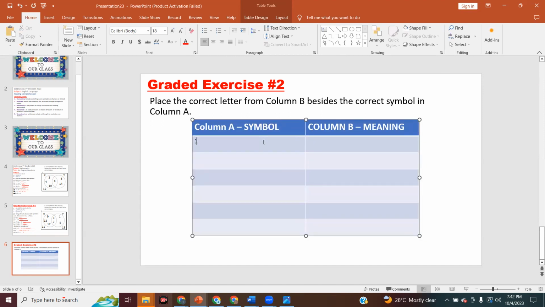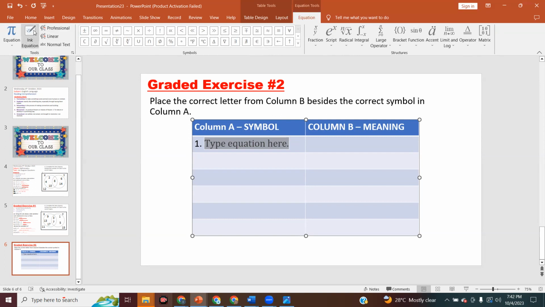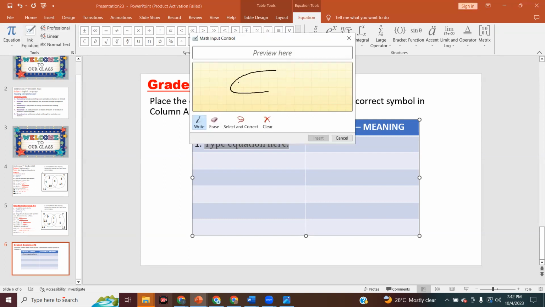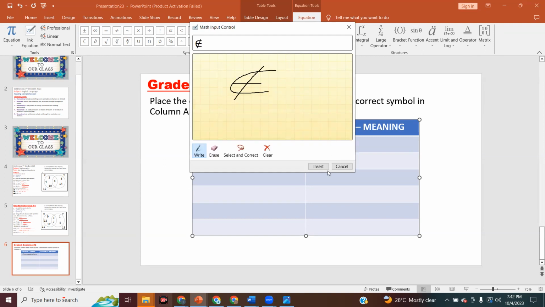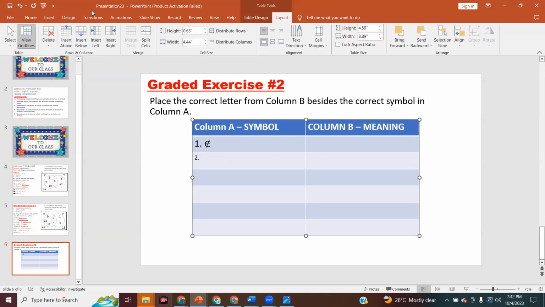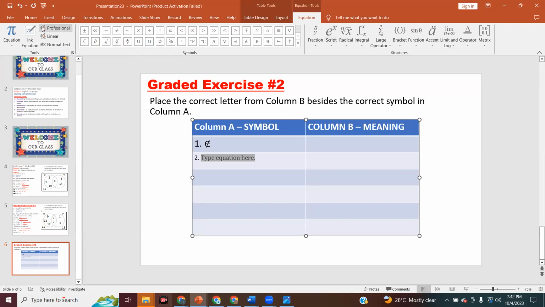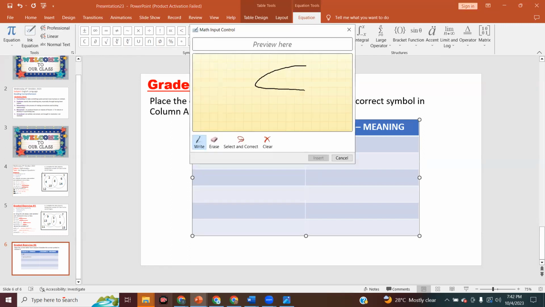So for this one, let's call this number 1, and let's say we have this symbol for number 1. For number 2, say we have this symbol.